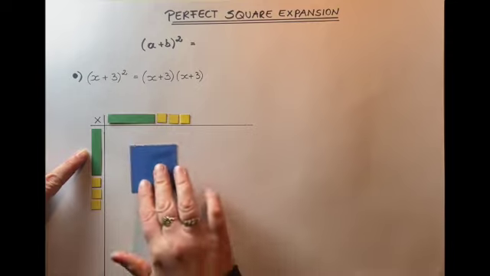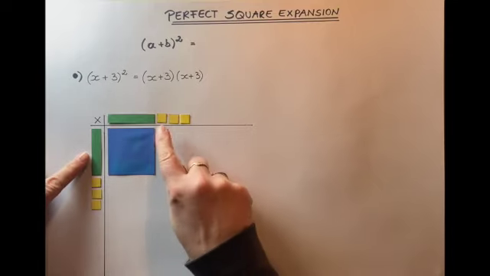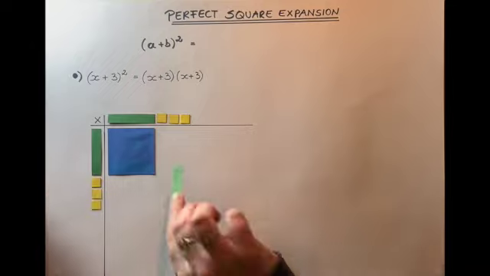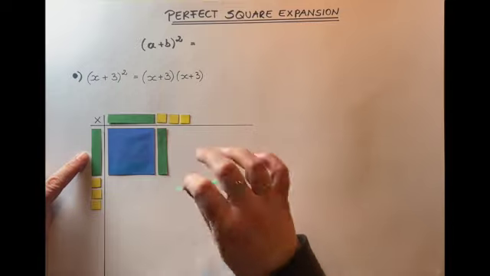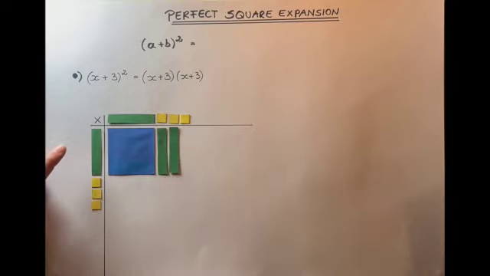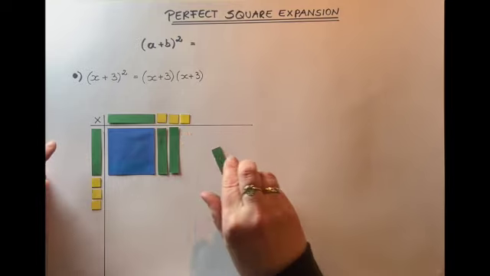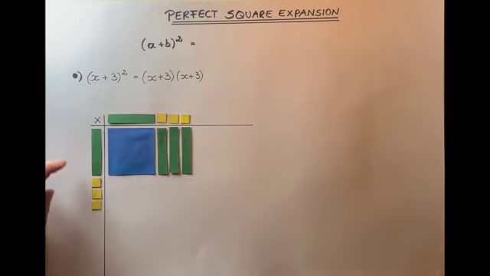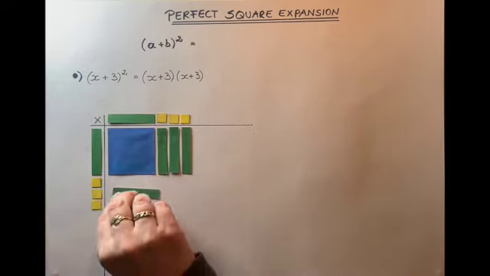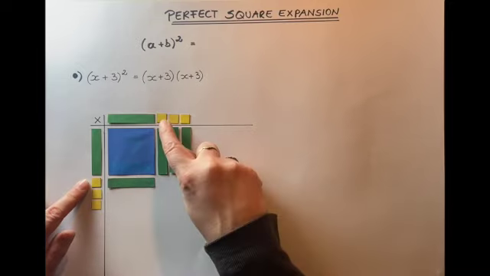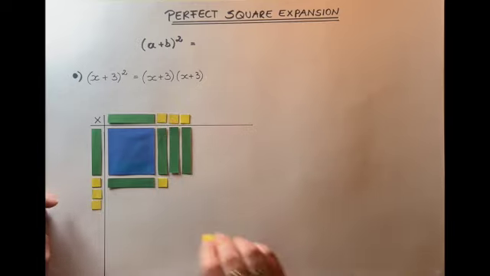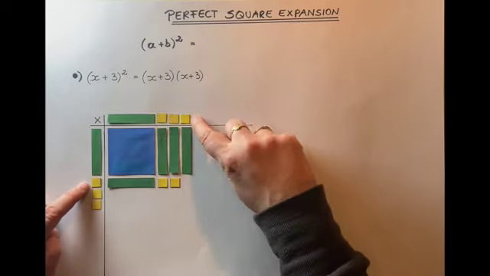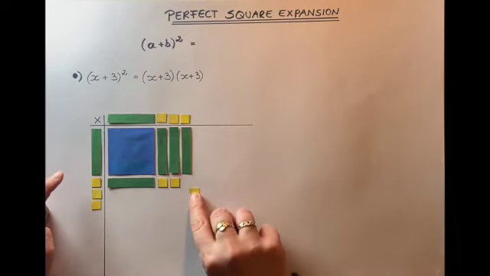x times x gives you x squared. x times 1 gives you x. x times 1 gives you another x. 1 times x gives you x. 1 times 1 gives you 1, another unit, and another one.